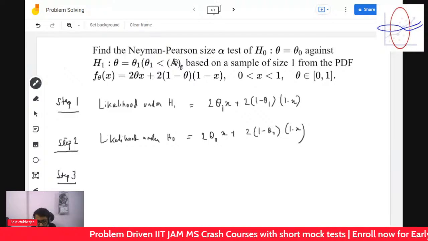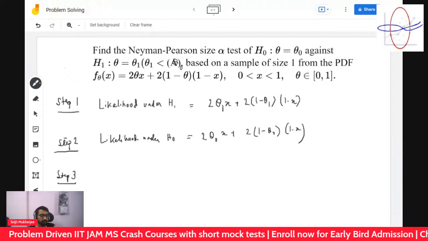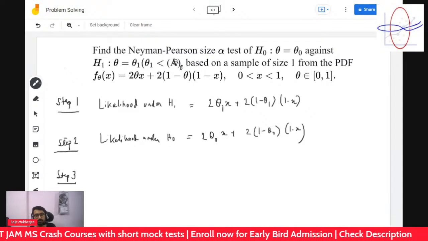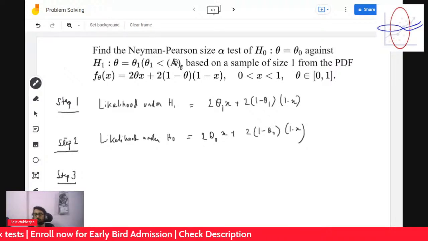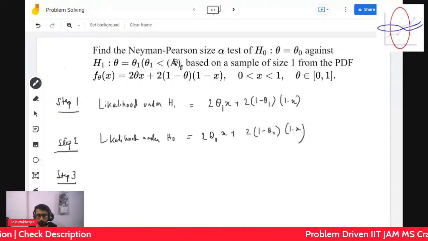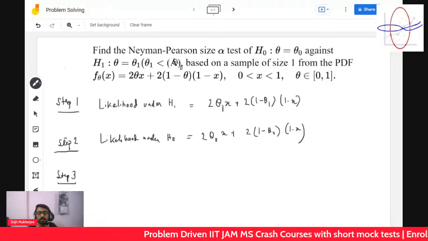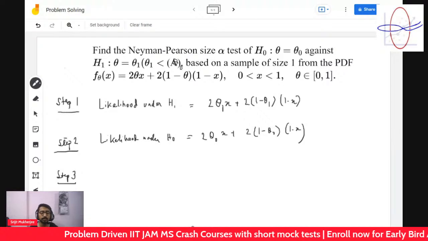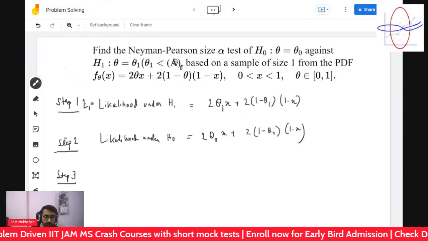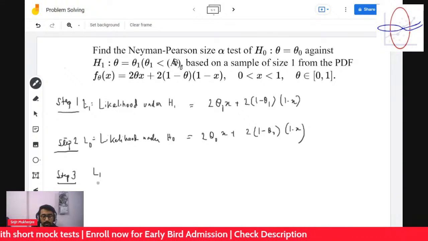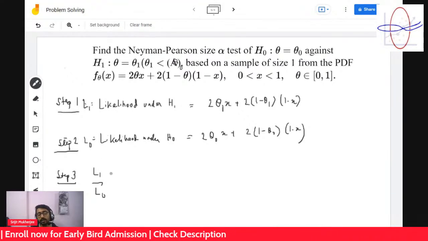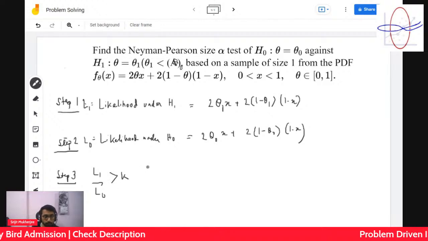You will not get this opportunity to discuss one-to-one with me because the class strength may increase, so use the opportunity to discuss with me live, if possible, by unmuting yourself. We divide them and we reject when it is greater than some k. Okay, good. Let's call them L1 and L0. So L1 by L0, and we reject when it is greater than some k.